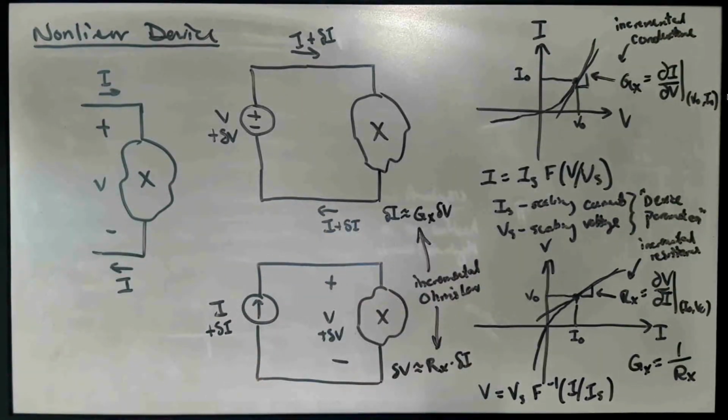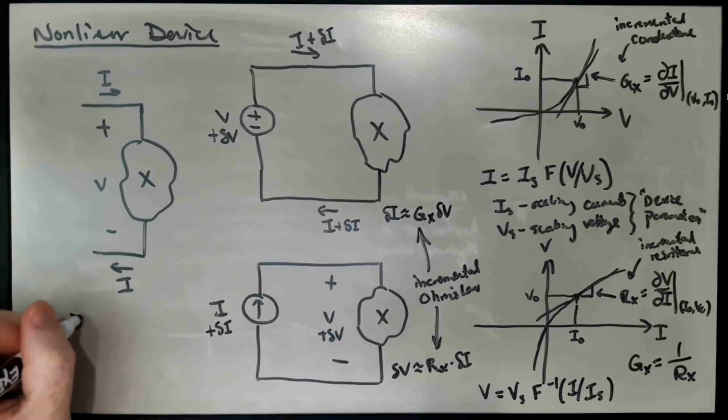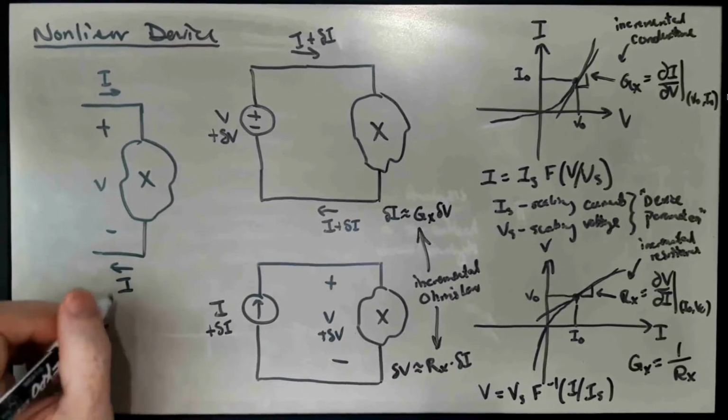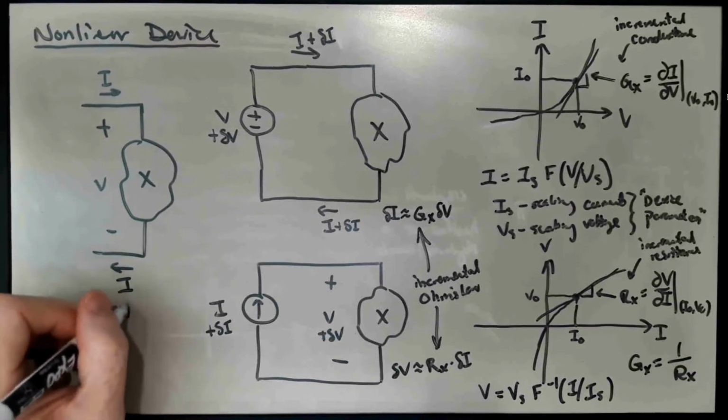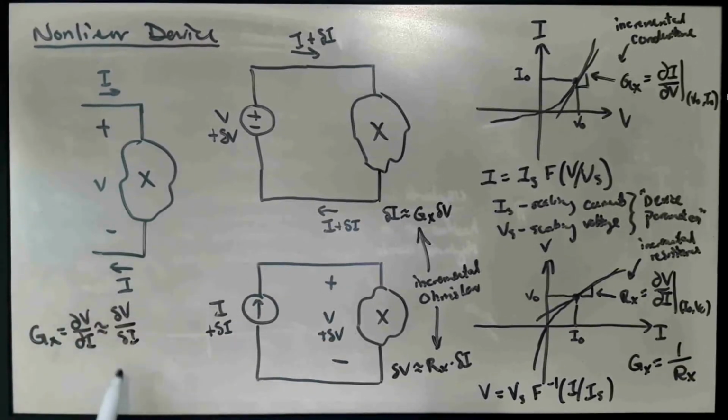It's basically like saying, r sub x, which is really formally the partial derivative dv di, is approximately equal to the finite difference delta v over delta I. And strictly speaking, if you take the limit as delta I goes to 0, that finite difference quotient approaches this partial derivative.